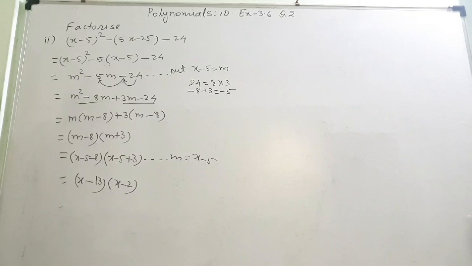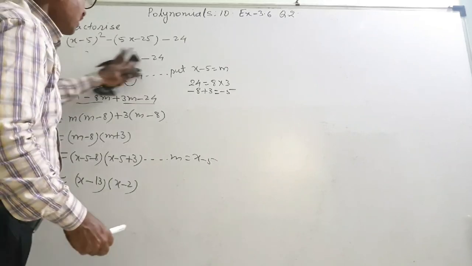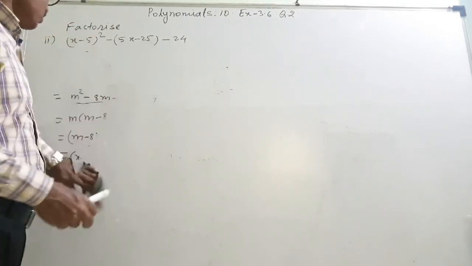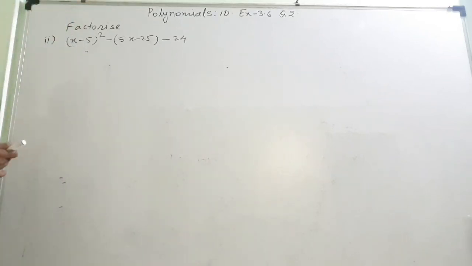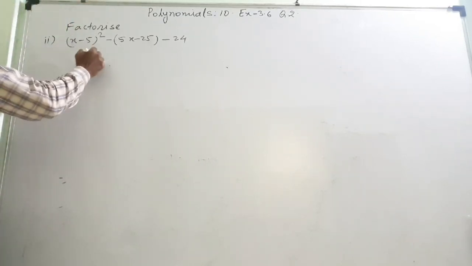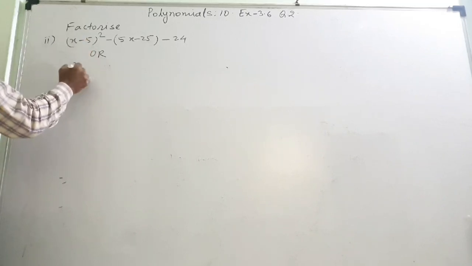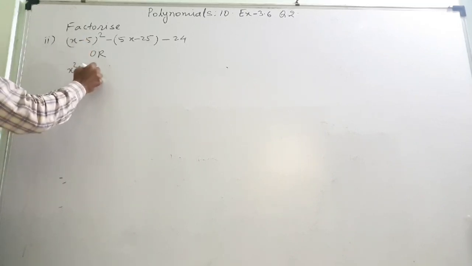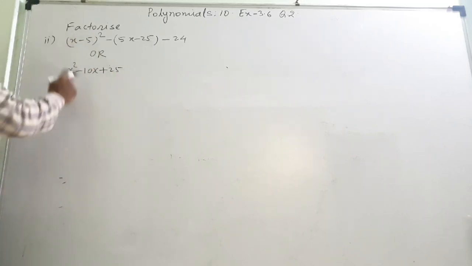Other way, suppose somebody wants to expand this and then solve. Yes, that also can be done. I will show you that. (a minus b) whole square is a square minus 2ab plus b square, means plus 25.